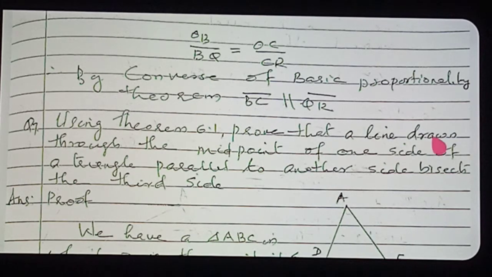Prove that if a line is drawn through the midpoint of one side of a triangle, which has three sides, passing through the midpoint of one side and parallel to another side, the second side, then it will bisect the third side.